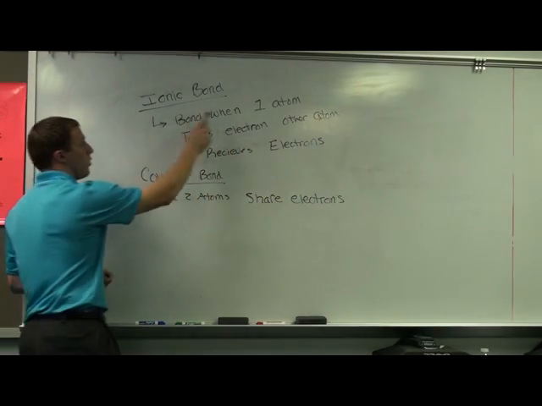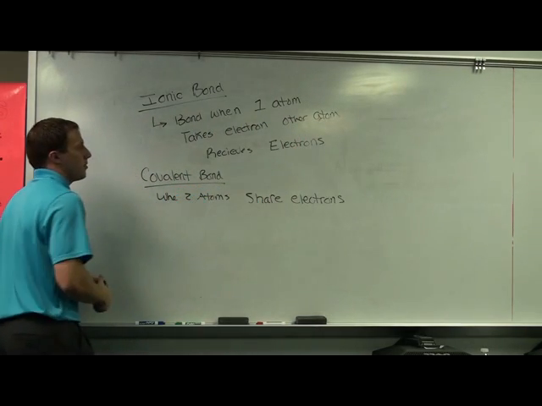So an ionic bond is when one atom takes electrons and the other atom receives them.